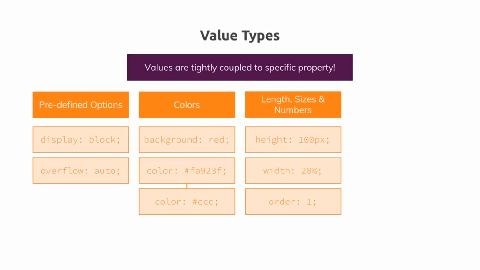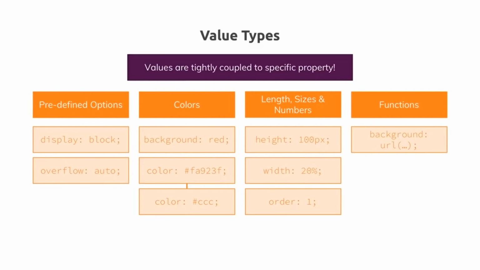And last but not least, we got functions. Something like a URL, where we seem to be using something different than just a color as a background, or transformation functions, where we can scale or rotate elements, something we'll cover in the transformation module. And of course, there are more values. Again, the reference holds them all, and you will see way more in this course. Just wanted to round this up by letting you know where you can find more information and how this generally works.